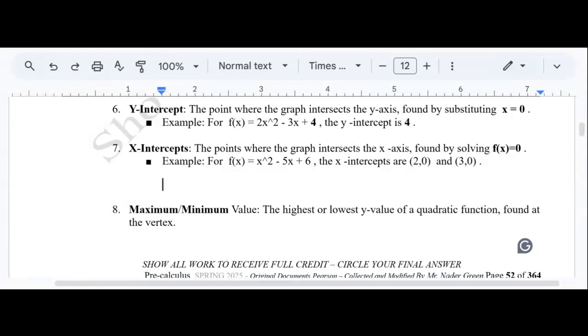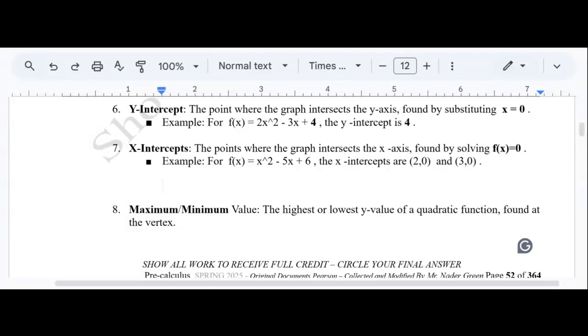Now you have two solutions. x minus 2 equals 0 or x minus 3 equals 0. So x equals what? 0 plus 2. So x equals 2, or x equals 3.